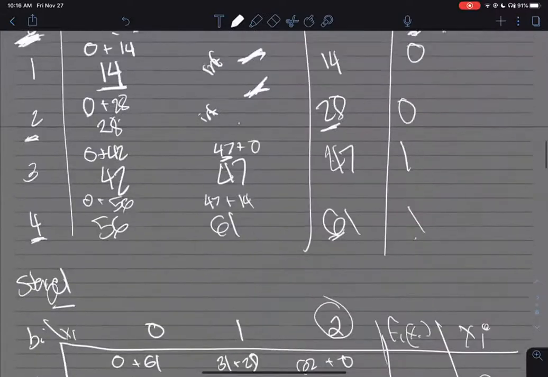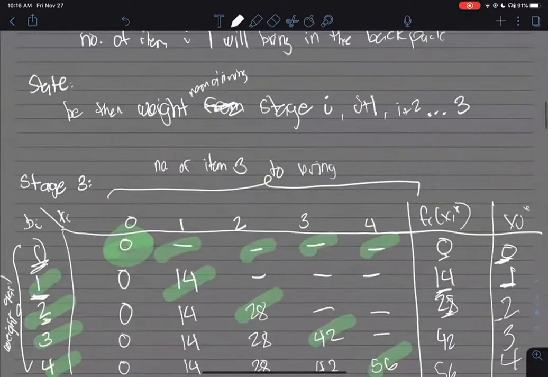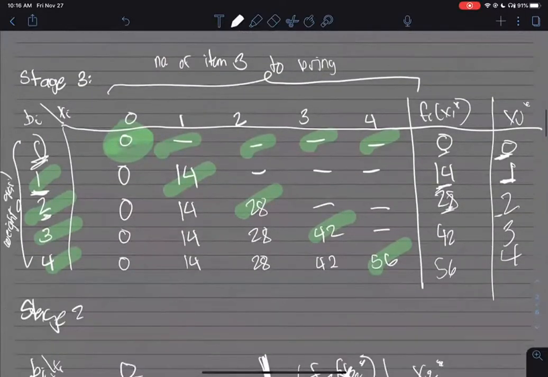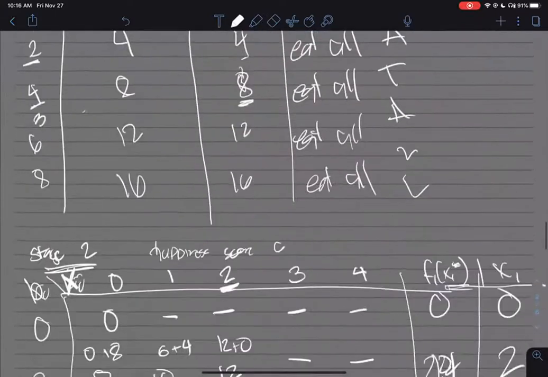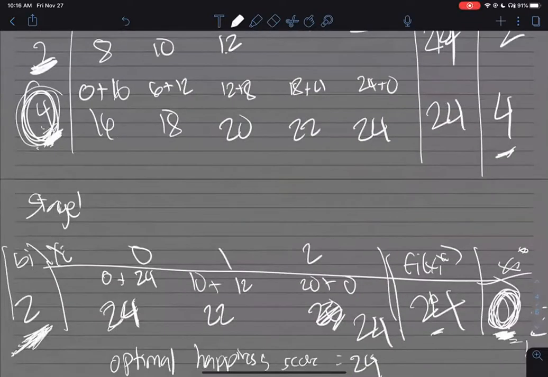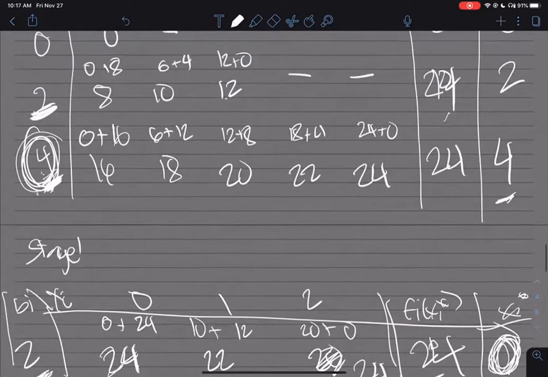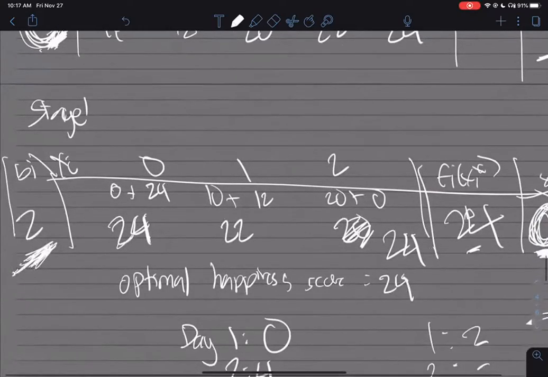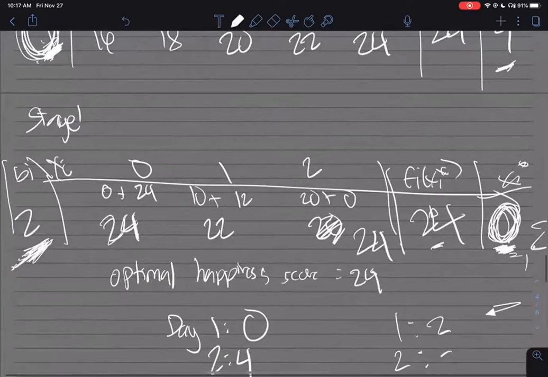Hindi ba dati na-experience yun sa first part? Hindi. So, you trace back on the state. Always trace back on the state. Hindi porket 24 to, parehong optimal tong state na to. What happens is, check mo siya here.